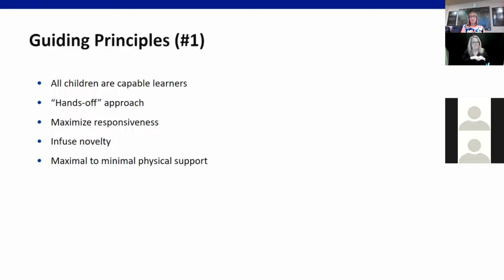Maximize responsiveness is the next one. First, starting with kids, keeping sessions short, and they will tell you what is long enough by the watching behaviors, and gradually increasing those as kids show they're more engaged and they're interested and they're finding a variety of different kinds of things. Ensure that the environment provides optimal sensory feedback.